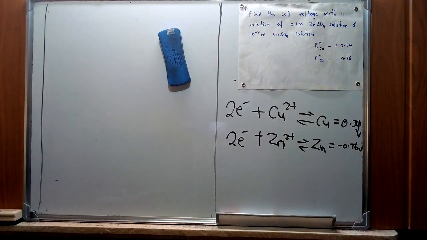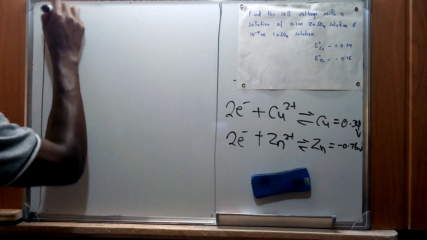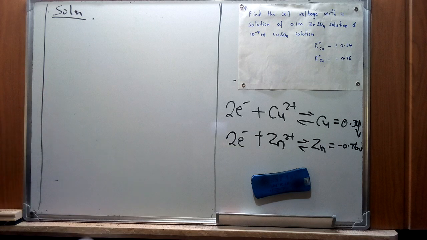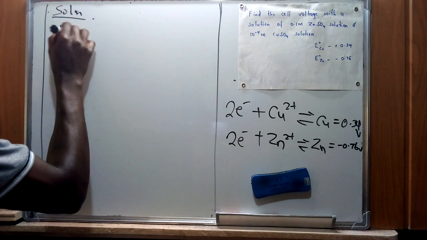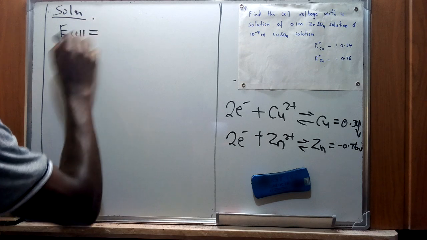We're going to use those specific values in finding a solution to our problem. So the solution for this is going to be illustrated as such. We have a general equation for this one.